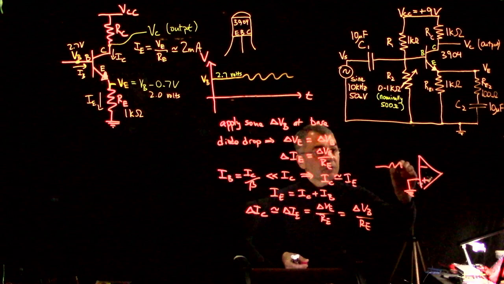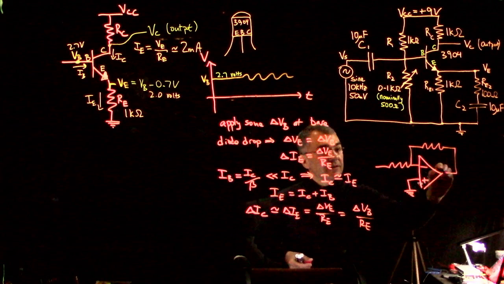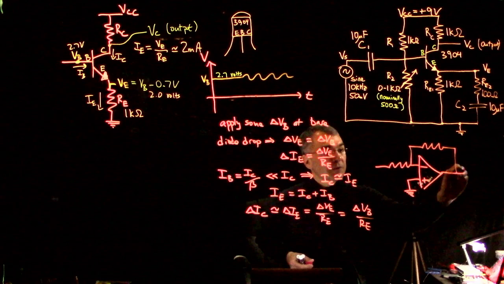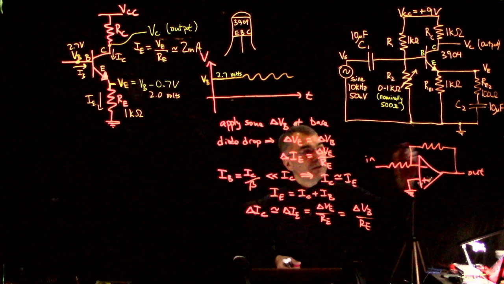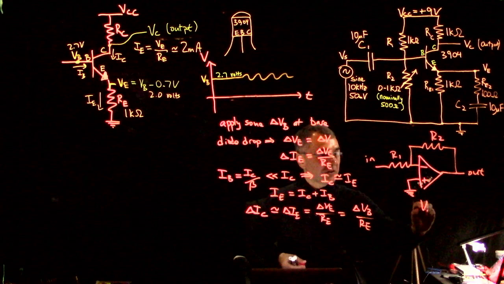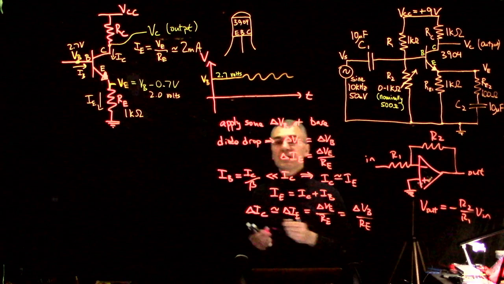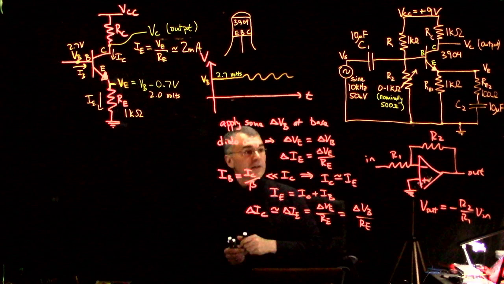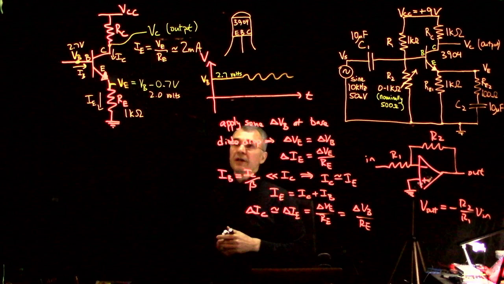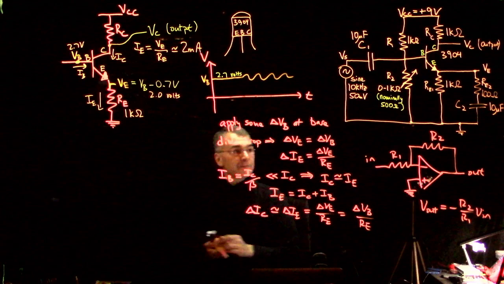And you remember that in op-amp world, we have our op-amp, here's our output, here is our input, and we had 2 resistors, and we said V out is minus R2 over R1 V in. That was for our op-amp inverting amplifier, so we want a transistor circuit that's somewhat analogous to that.